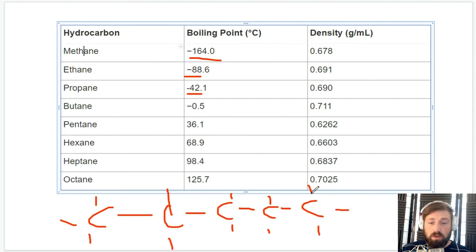If we include another one for pentane, now pentane is where we finally start seeing it becoming a liquid and not a gas above 0 degrees. Hexane, we do another one. This is where you start seeing hexane being a liquid at room temperature.